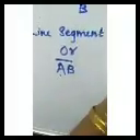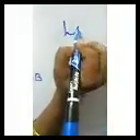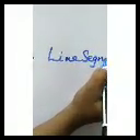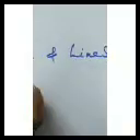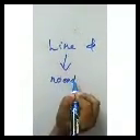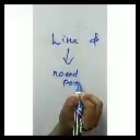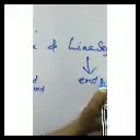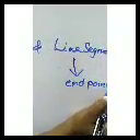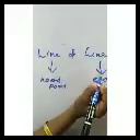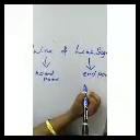Then what's the difference between a line and a line segment? A line has no endpoints. A line segment has endpoints. That's a major difference. A line extends up to any length. A line segment has definite length.